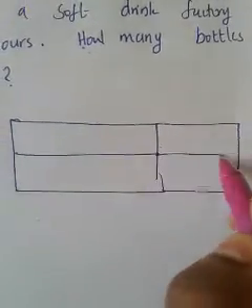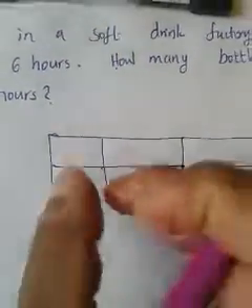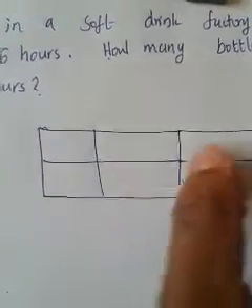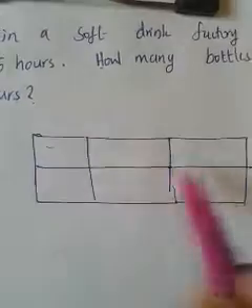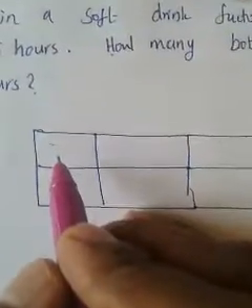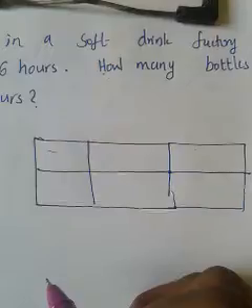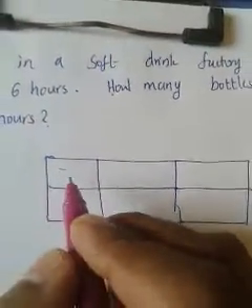In this way you have to draw a table with 3 columns and 2 rows. And in the first column, what you are supposed to write is what the question is dealing about.